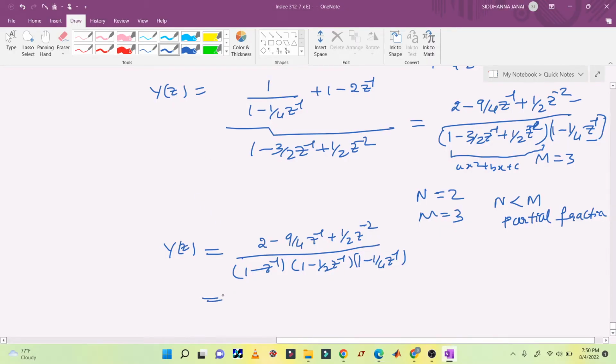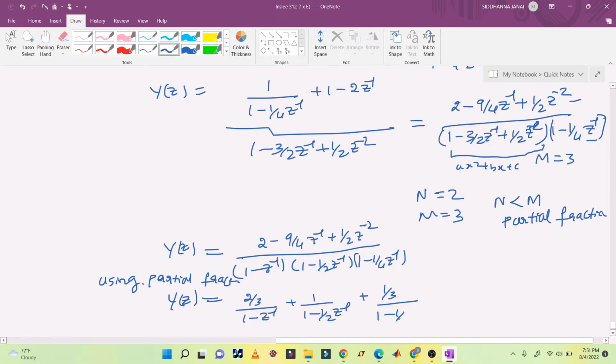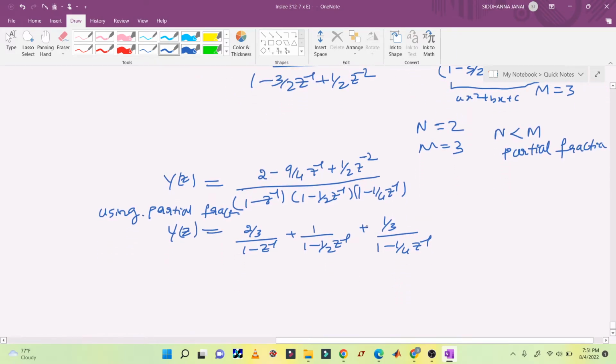So using partial fractions, y of z will be 2 by 3 divided by 1 minus z inverse plus 1 divided by 1 minus 1 by 2 z inverse plus 1 by 3 divided by 1 minus 1 by 4 z inverse. Using partial fractions you can solve for a1, a2, a3 and you will get this as your answer.